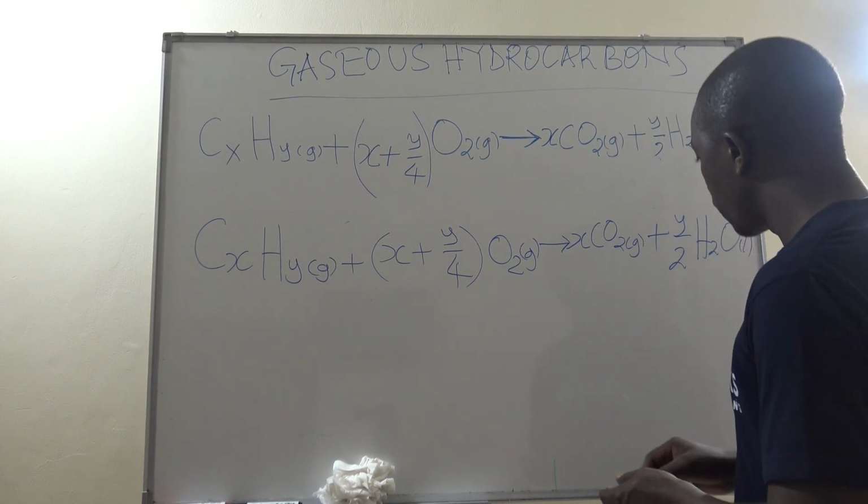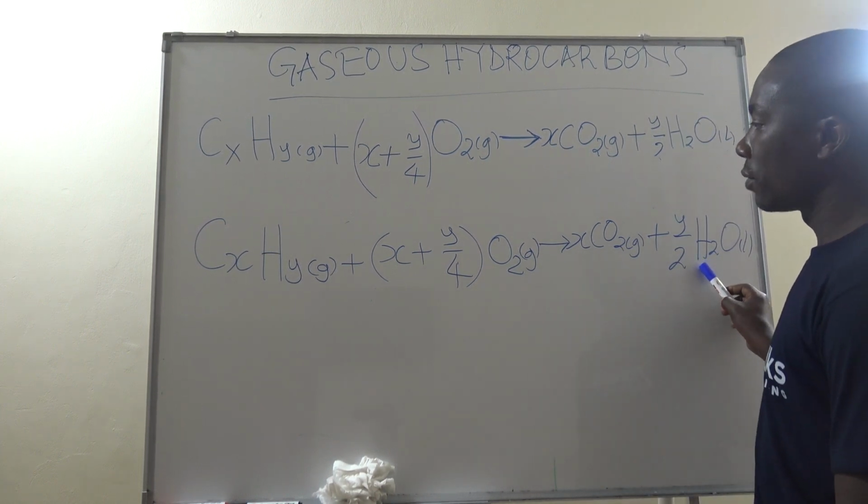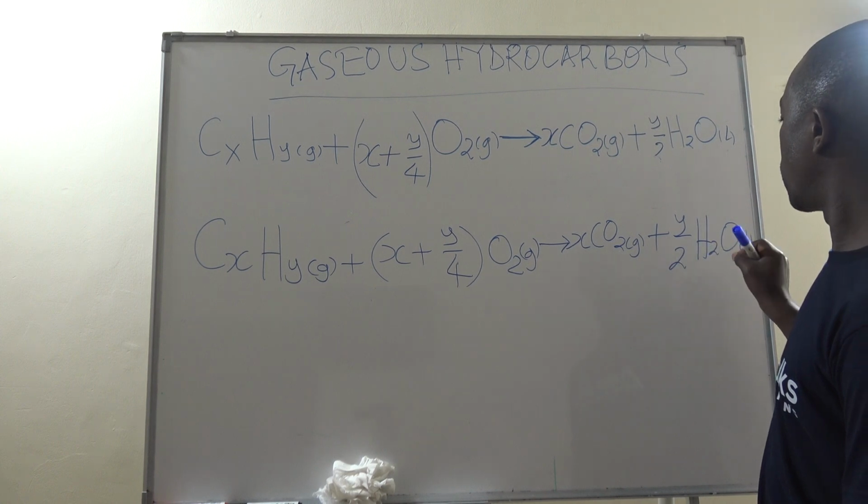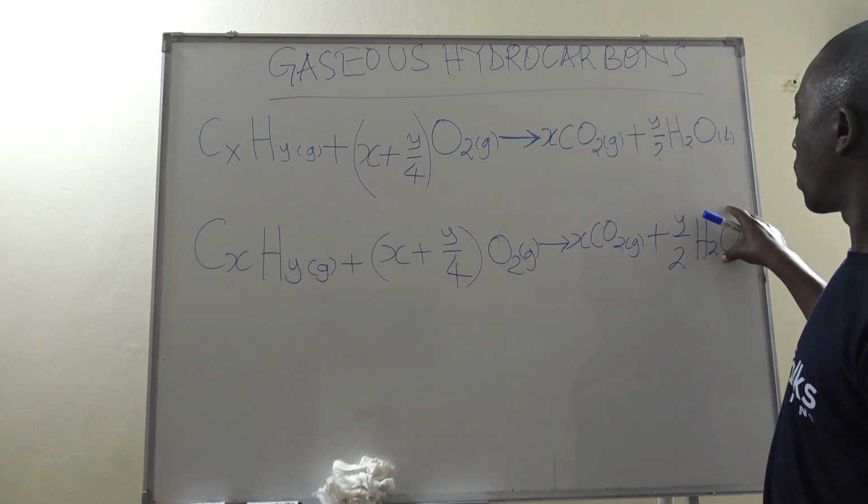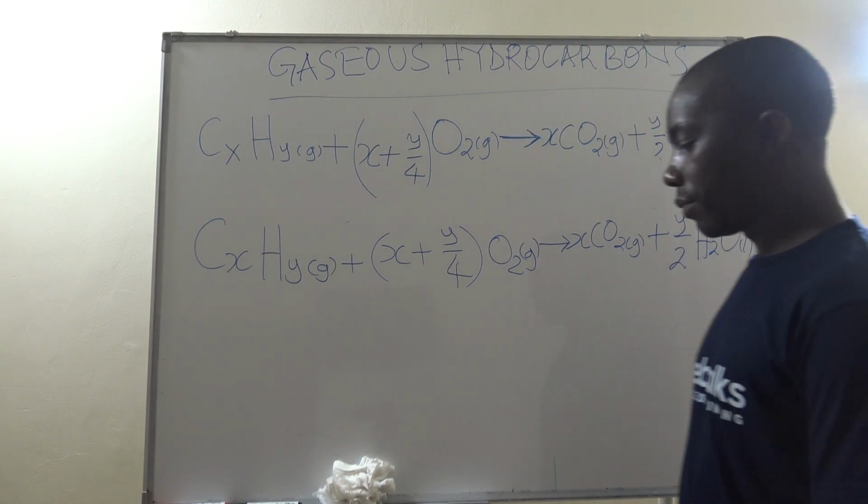But like I said, this water molecule is obtained as a result of cooling. When you cool down, water is able to move from water vapor to form liquid water.